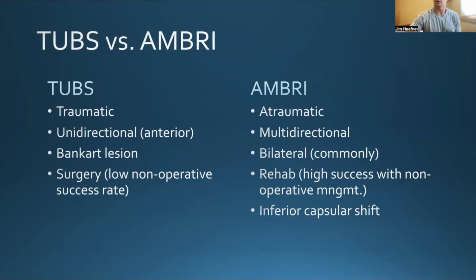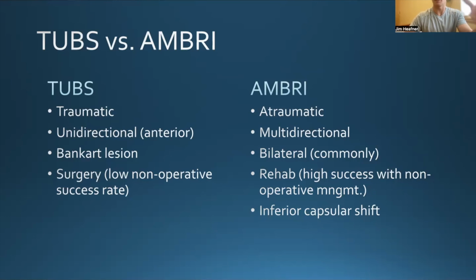As I mentioned a few slides back, shoulder instability can be due to what we say is the acronym TUBS or AMBRI. TUBS is going to be a traumatic unilateral dislocation in the anterior direction. They often have a Bankart lesion, and then these people require surgery.